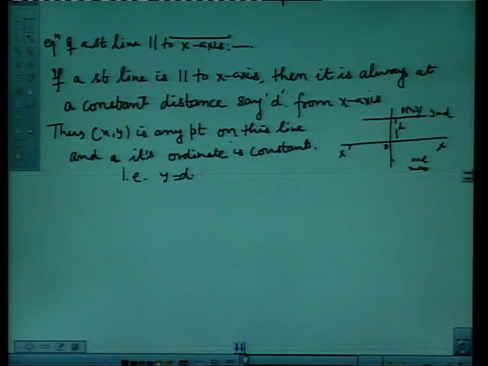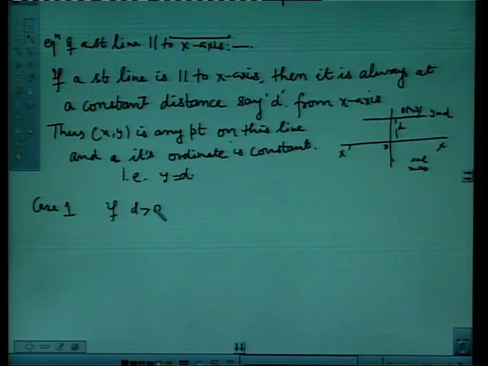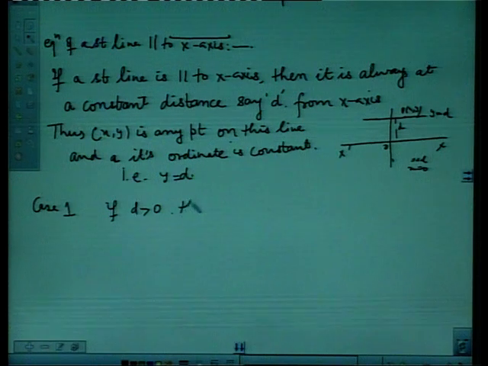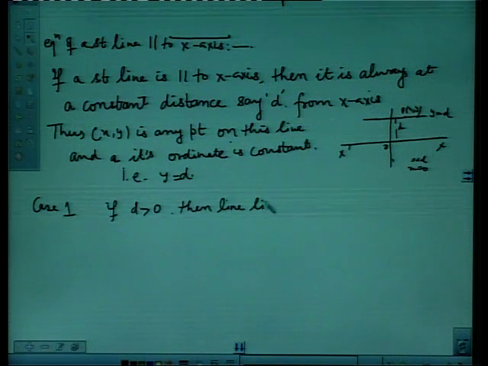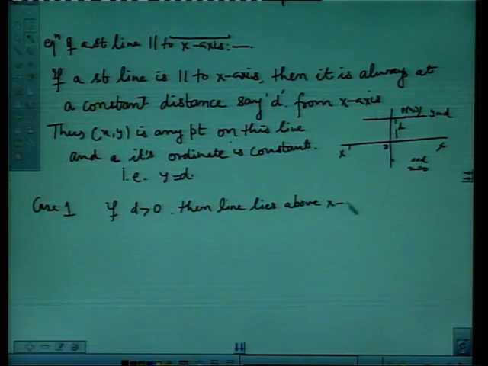Now some cases. Case 1, if d is greater than 0, means if d is positive, then the line lies above x axis.